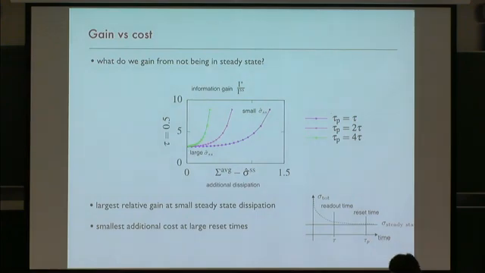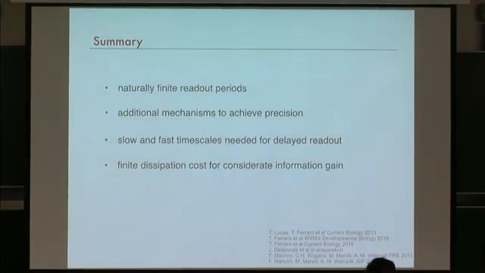You can then transmit a lot more information than when you're in steady state, but you have to pay an additional price in terms of dissipation. But it turns out that this price is not so large, especially if nothing happens later for a very long time. So I'll stop here.